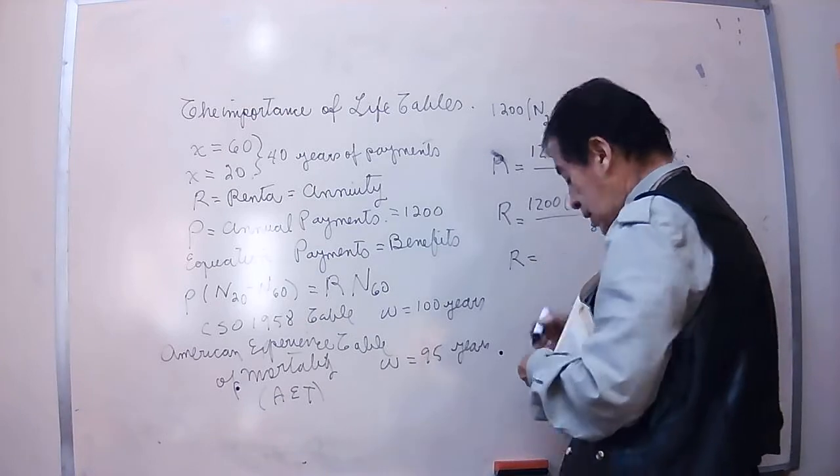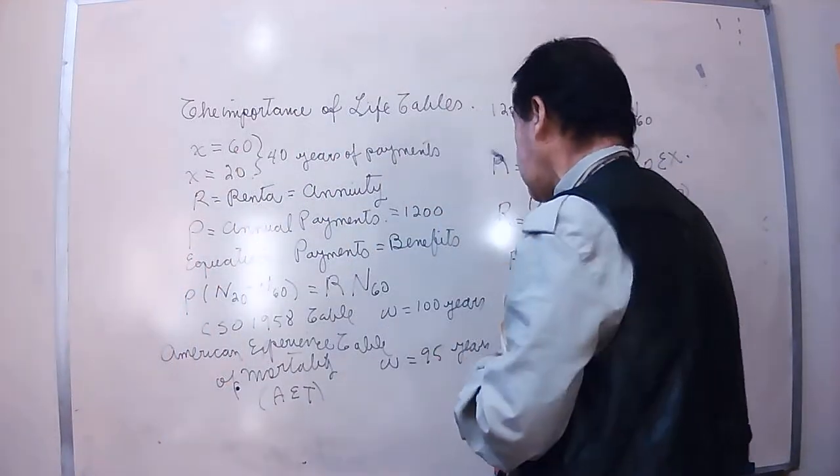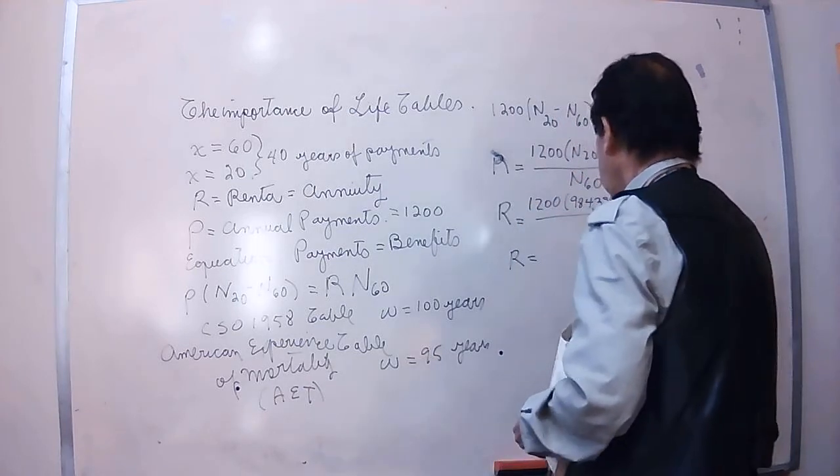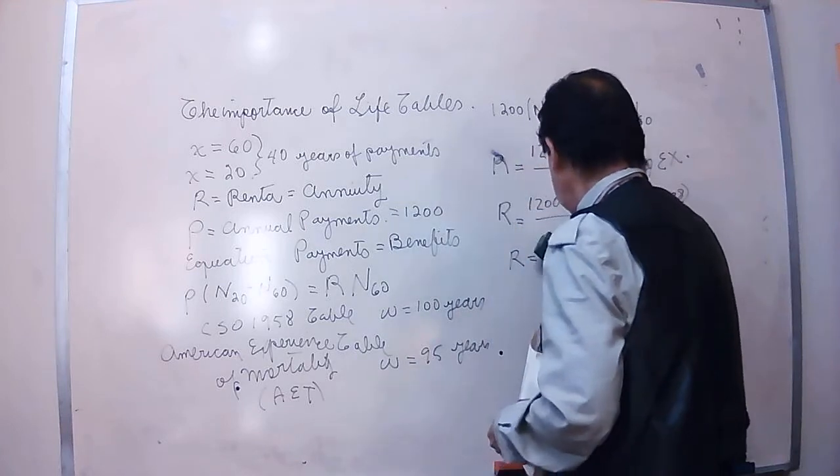Now, with the other table, the CSO 1958 table, we're going to see the difference.